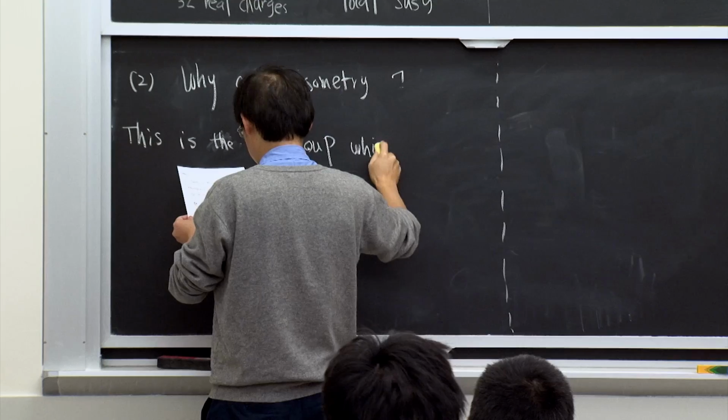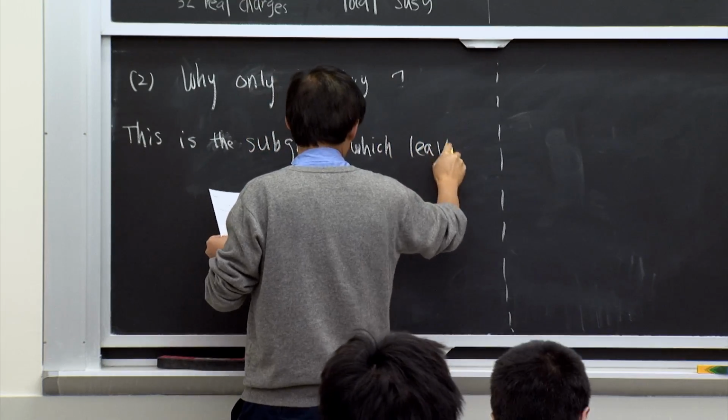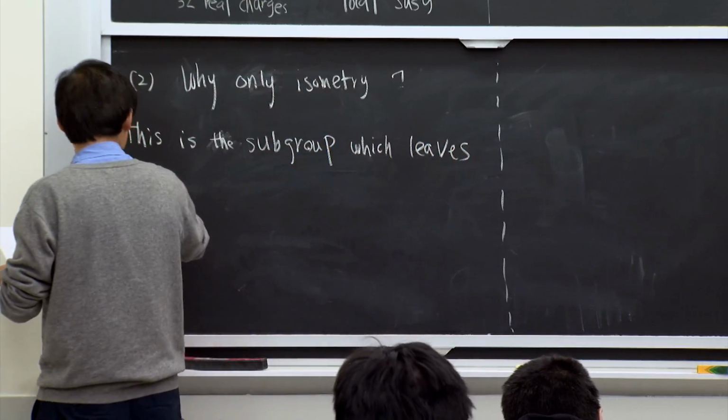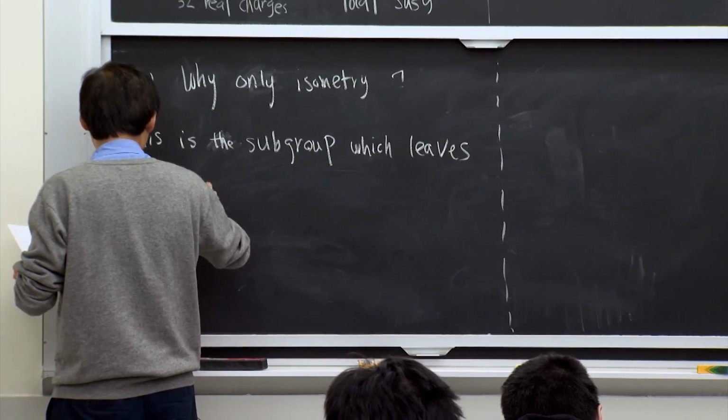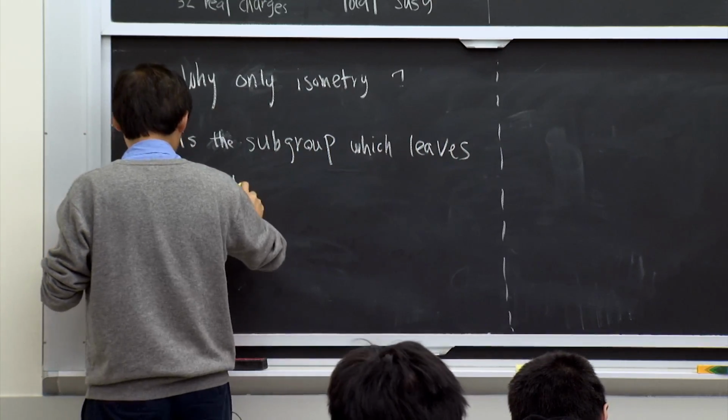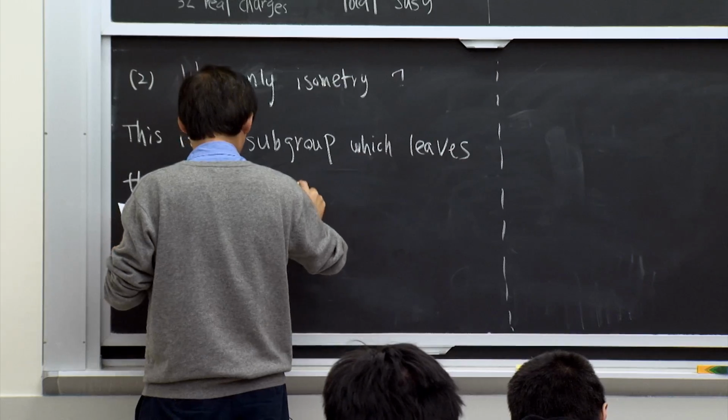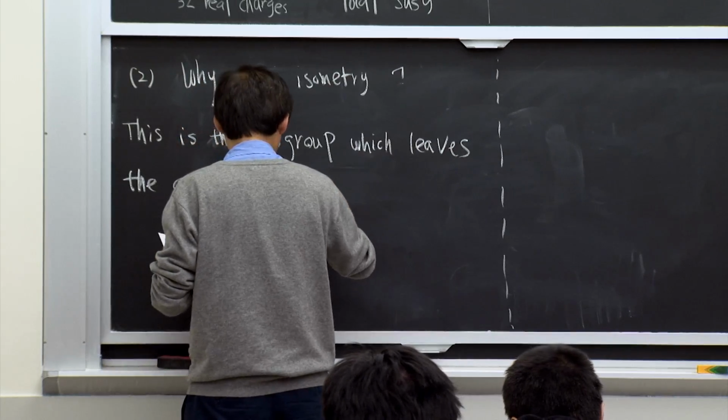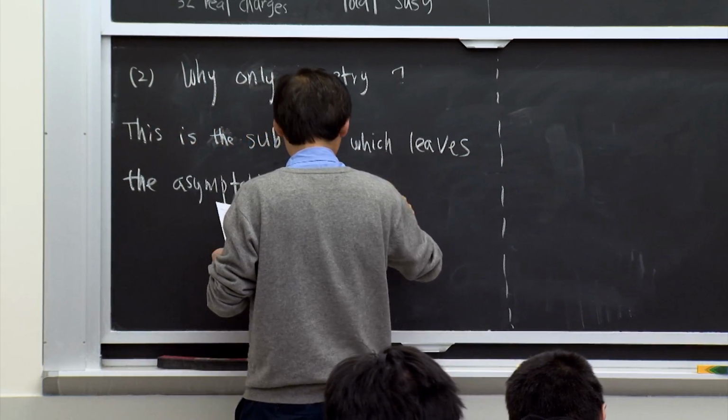And the isometry is precisely the subgroup which leaves the asymptotic form of the metric invariant.